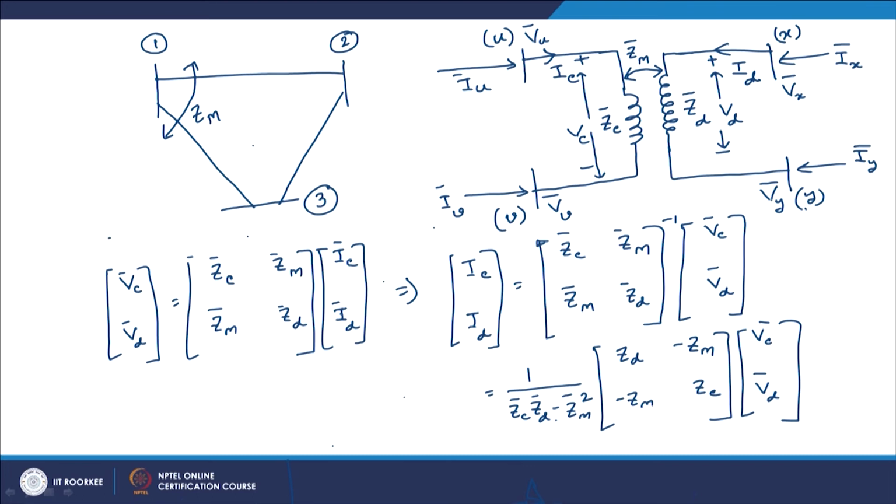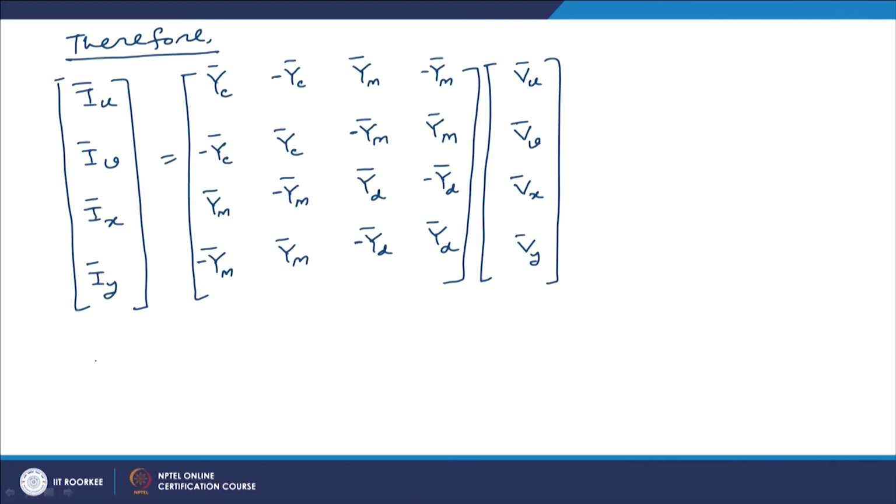We have essentially connected these four injected currents IU, IV, IX and IY with these four bus voltages VU, VV, VX and VY. So, it may appear that we have done our job. This is the bus injected current, this is the bus voltage vector, and this is the bus admittance matrix as far as these four buses are concerned.